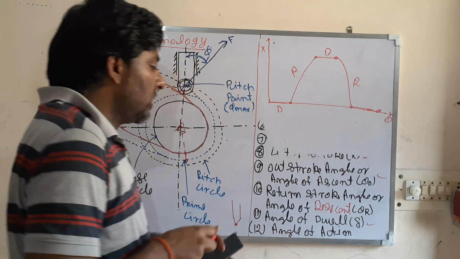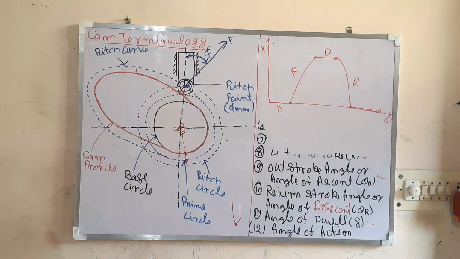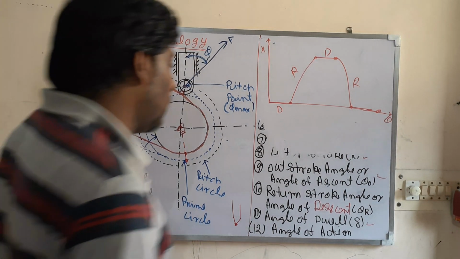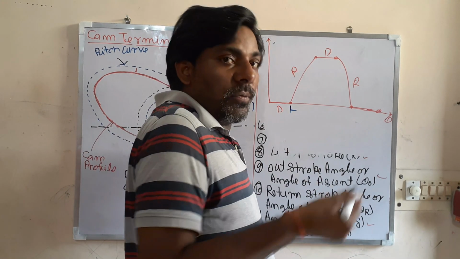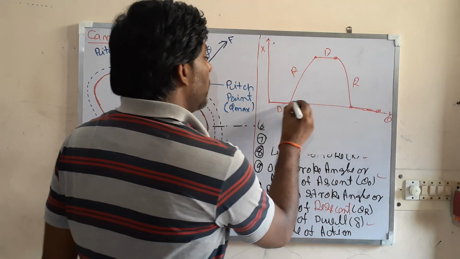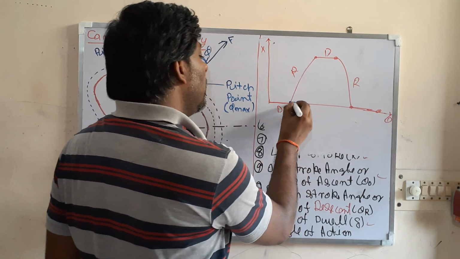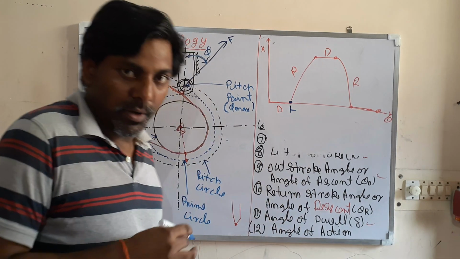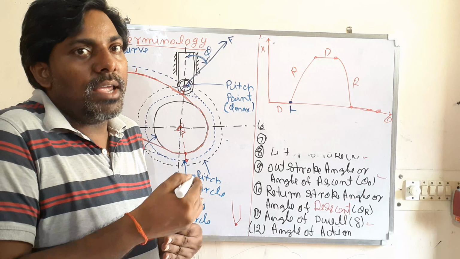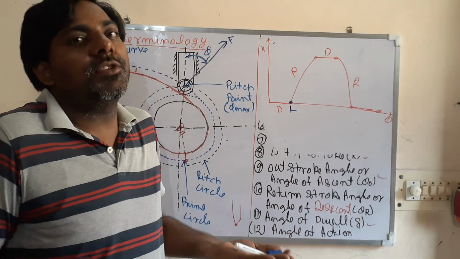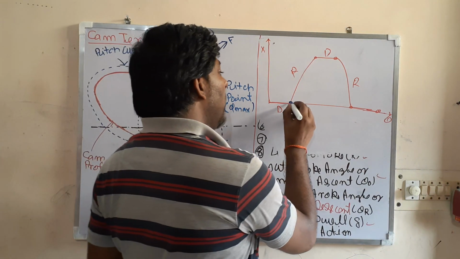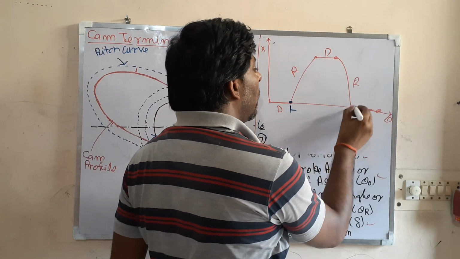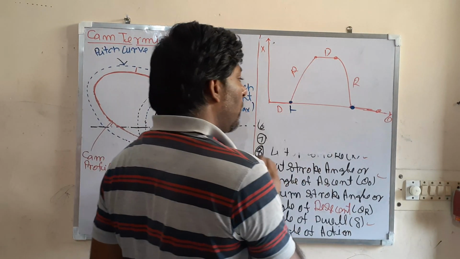So let us understand what the angle of action is. It is the cam rotation angle from the start of rise to the end of return. From here the rise will start, and the rise stops here, and the return stops here.